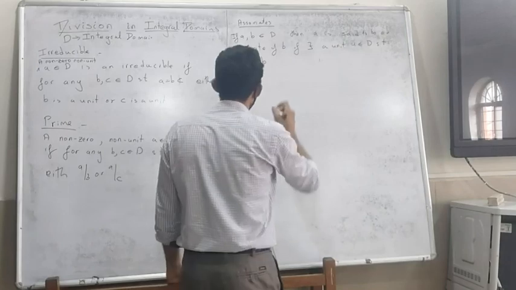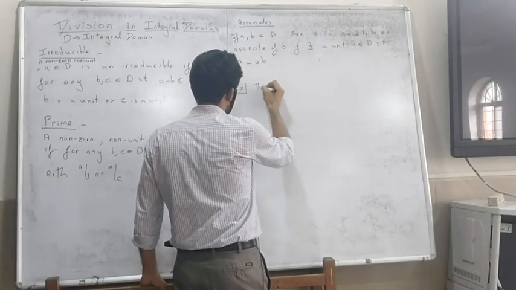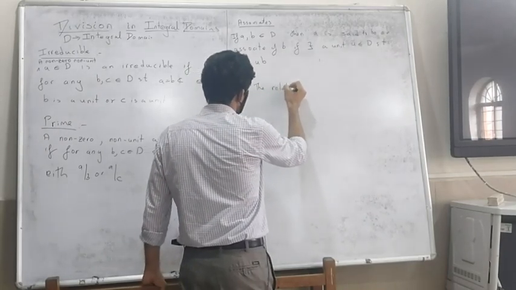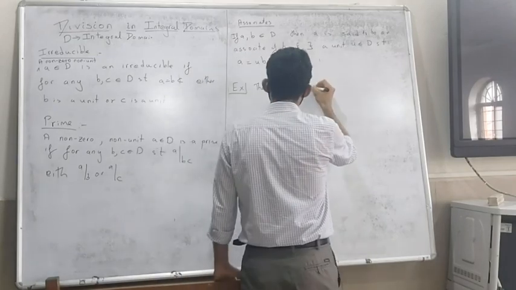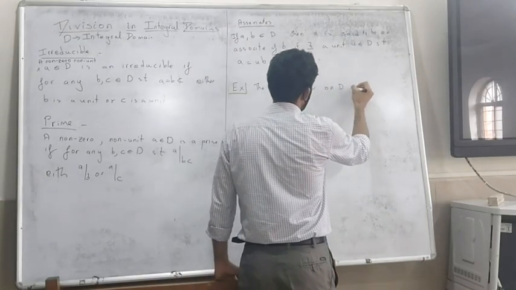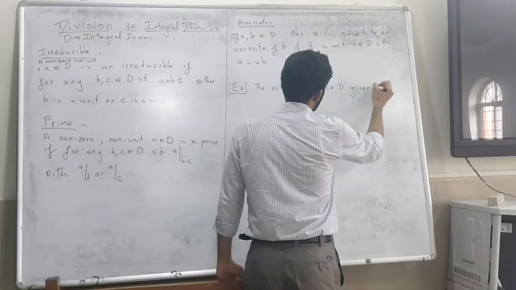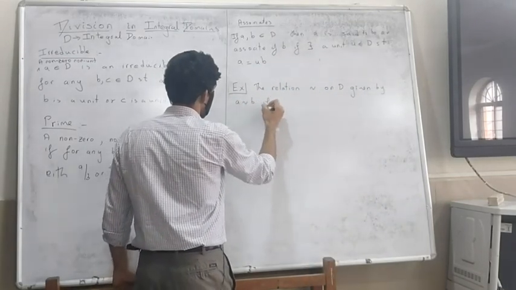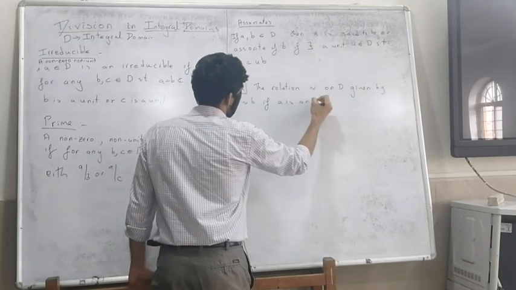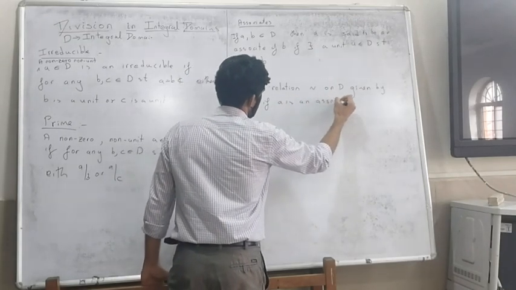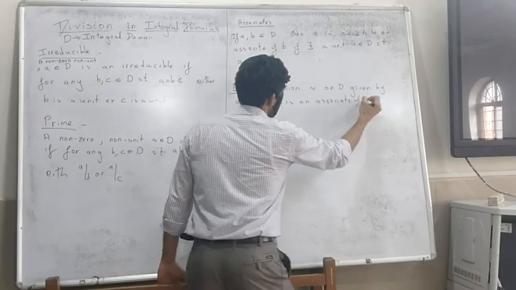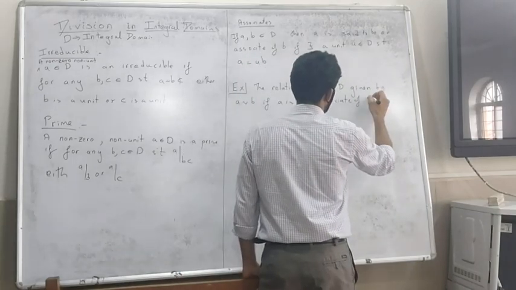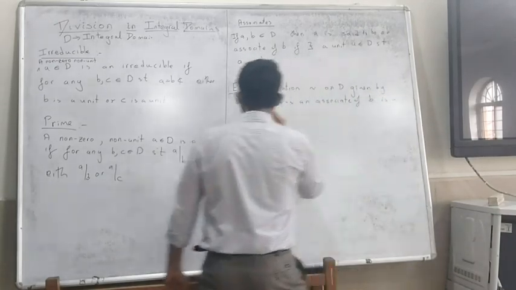Quite easy to see. So the relation on D given by A is related to B if A is an associate of B is an equivalence relation.